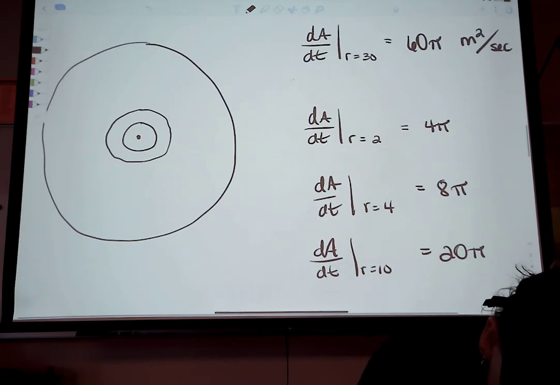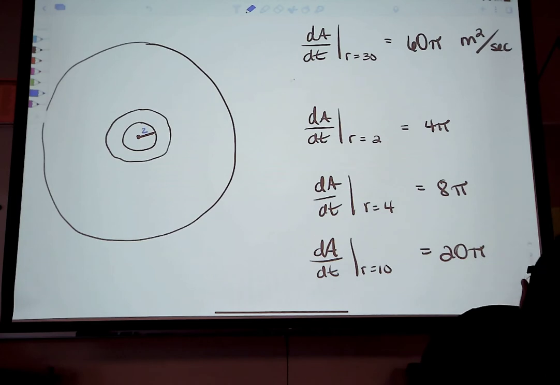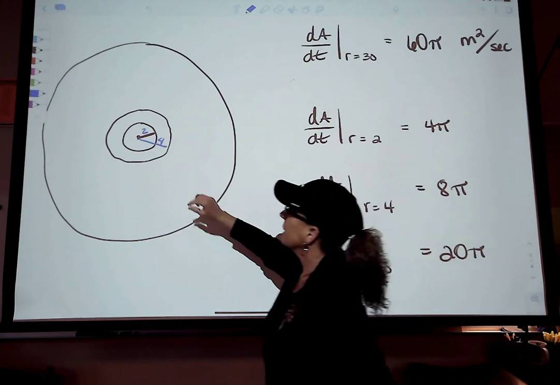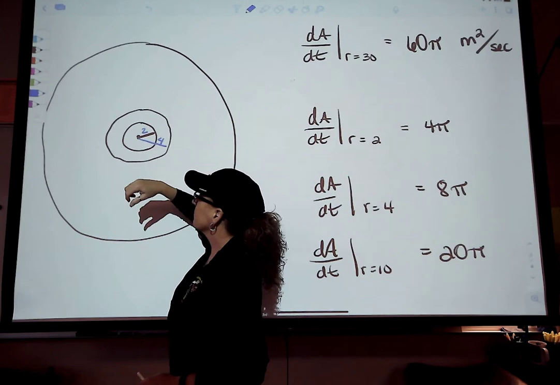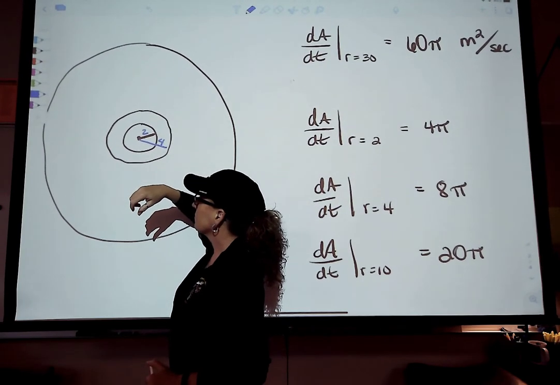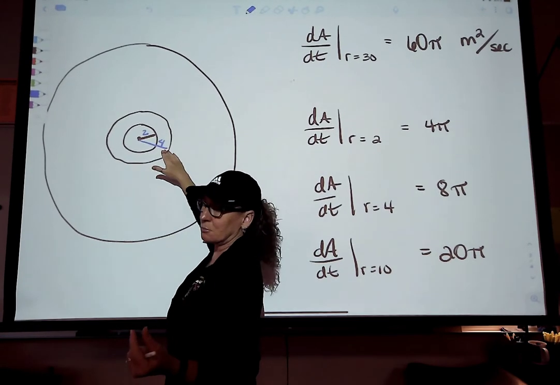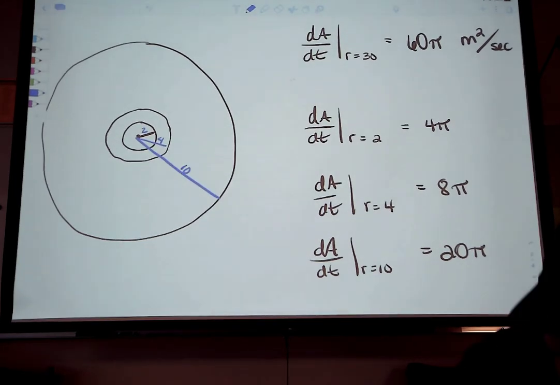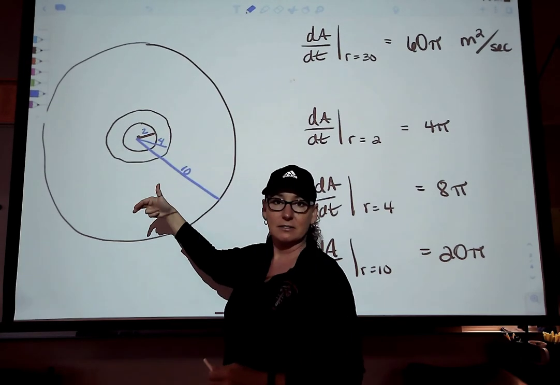So think about this. When my radius is 2, think about how big the circle is. When my radius is 4, think about how big the circle is. Look at how much more area has been added on when the radius only increased by 2. What about when my radius is 10? Look how much more area was added on.